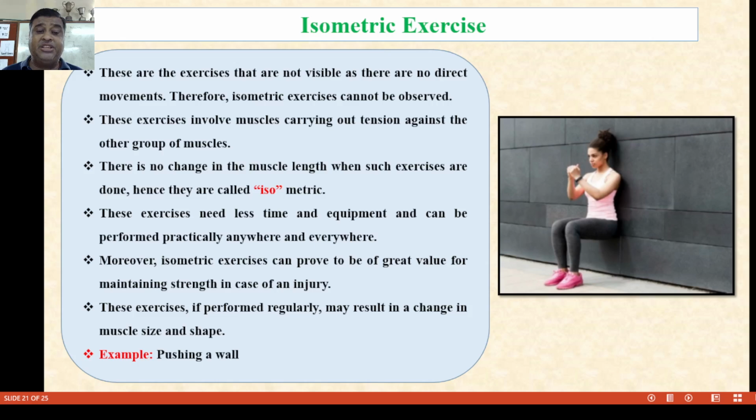There is no change in muscle length when such exercises are done, hence they are called isometric. These exercises need less time and equipment and can be performed anywhere and everywhere. Moreover, isometric exercise can prove to be of great value for maintaining strength in case of injuries. Performed regularly, these exercises may result in a change in muscle size and shape, such as pushing a wall and plank-type exercises.